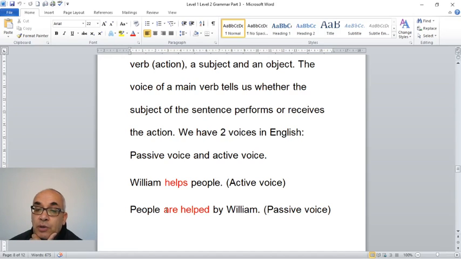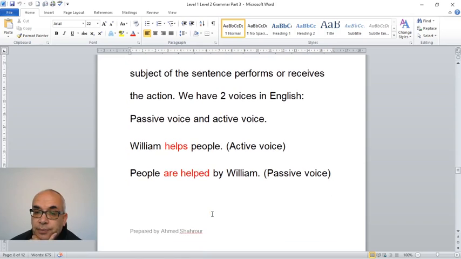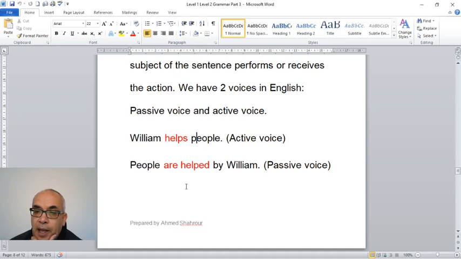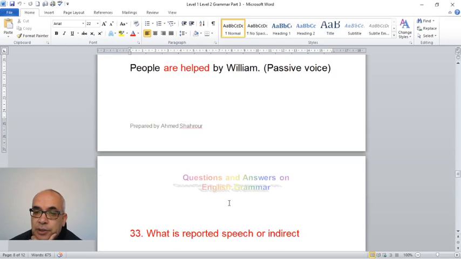So this is what we call passive voice. Passive voice is the relationship between the action verb, the subject, and the object. And this happens in two cases, in the passive voice and in the active voice.